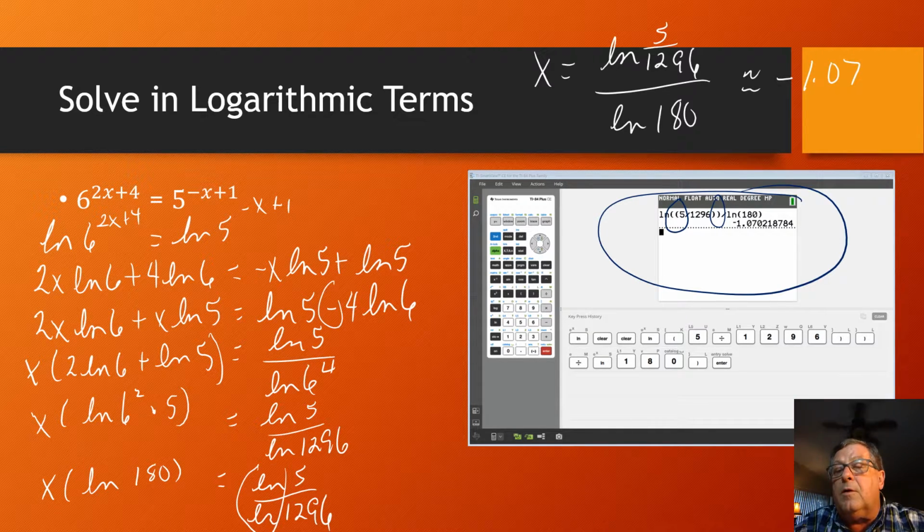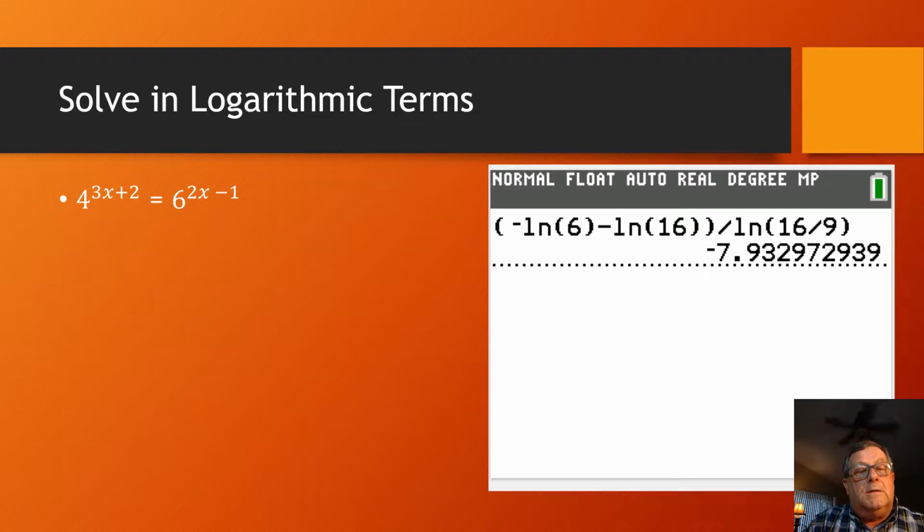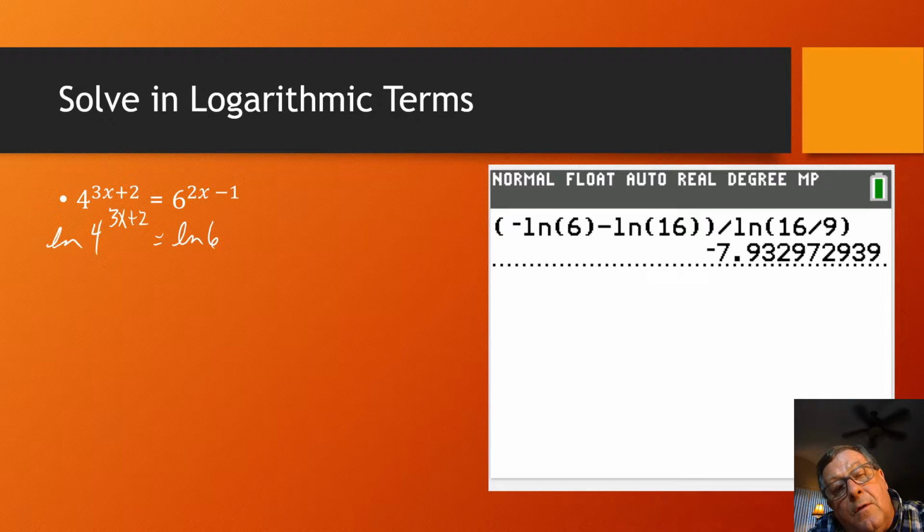Now, the next one we're going to look at, as I was saying, gets a little bit trickier, but let's go ahead and start on this. Let's take the natural log of both sides. So I've got ln of 4 to the 3x plus 2 equals the natural log of 6 raised to the power of 2x minus 1. And let's expand that a bit.